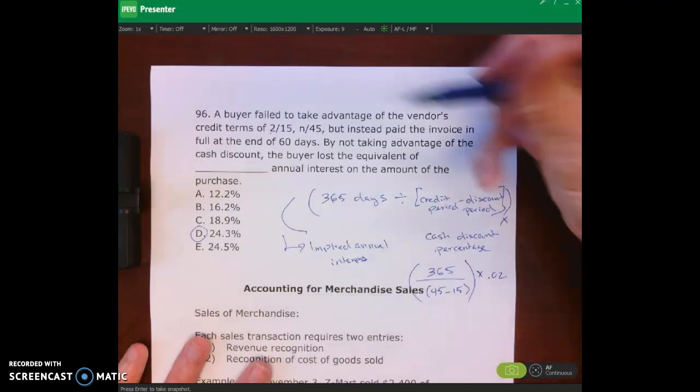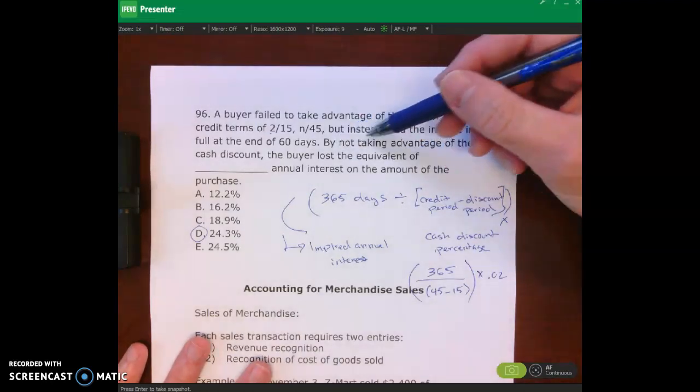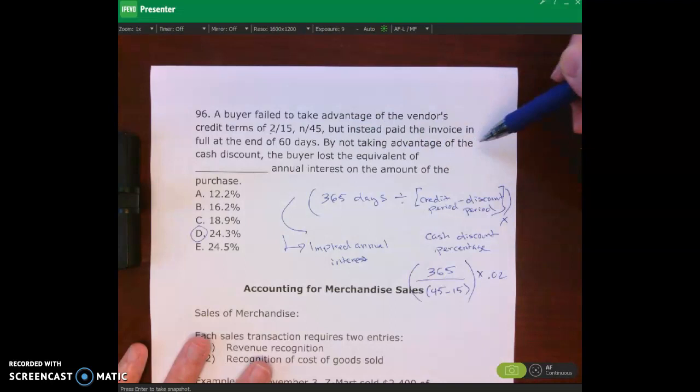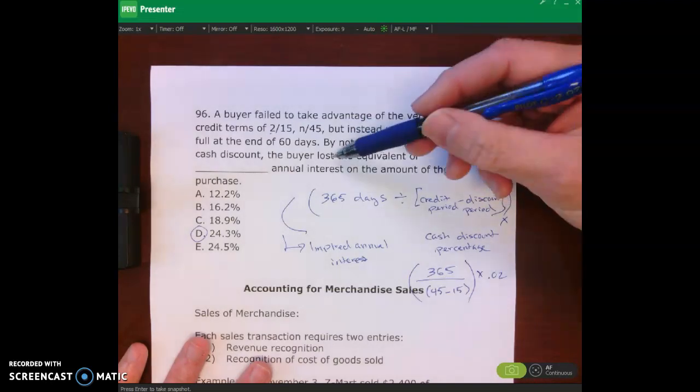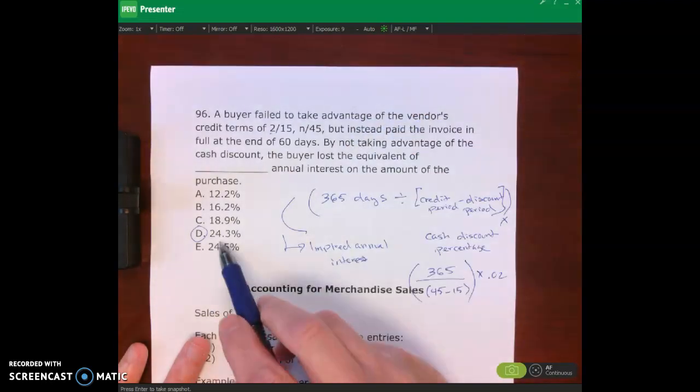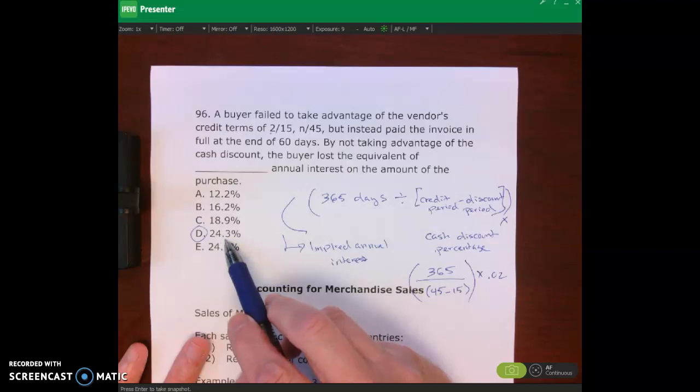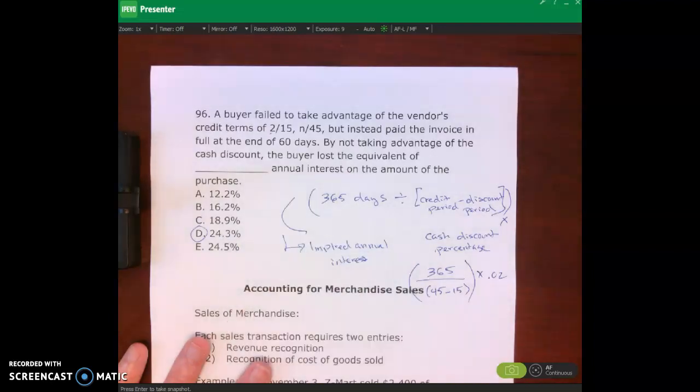It says right over here, by not taking advantage of the cash discount, the buyer is losing the equivalent of 24.3% annual interest.